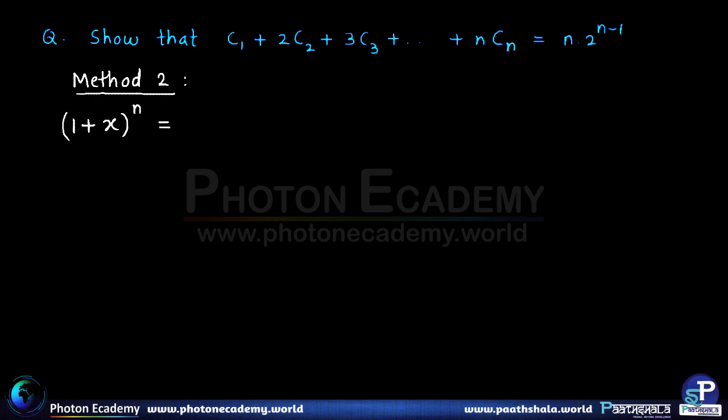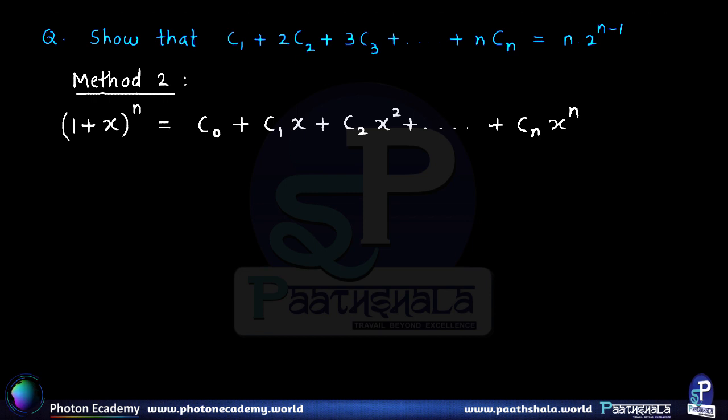Now we know that this is equal to C0 plus C1x plus C2x square plus so on up to Cn x raised to n. Now what we do is we differentiate both sides with respect to x.